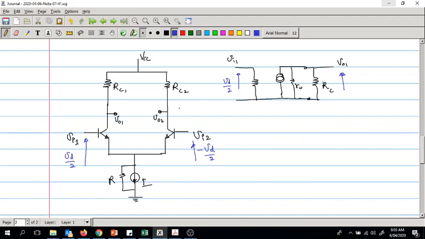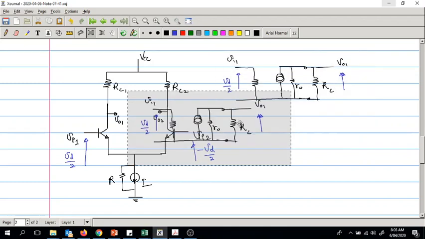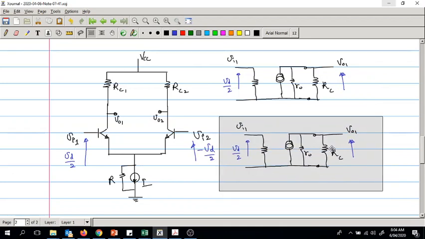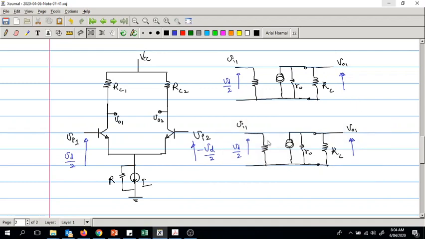For the other one, I mean the other side, it's actually exactly the same, right? Exactly the same diagram would be there, but the voltage values would be different.